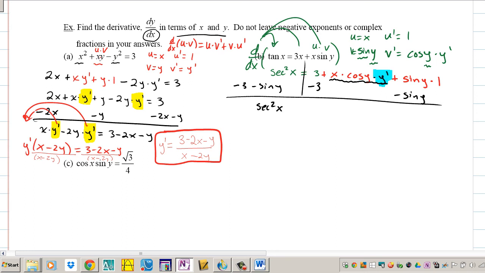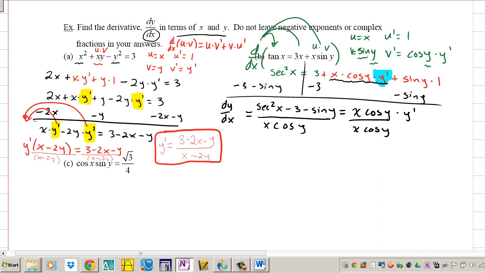Secant squared x minus 3 minus sine y is equal to x cosine y times y prime. Divide both sides by x cosine y, and I have my derivative. And this is my dy dx, all of this.